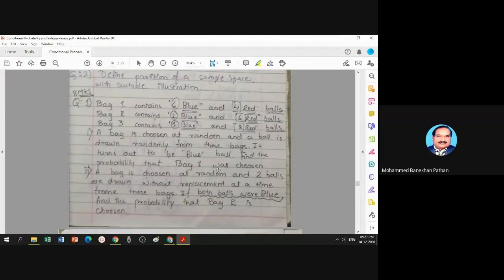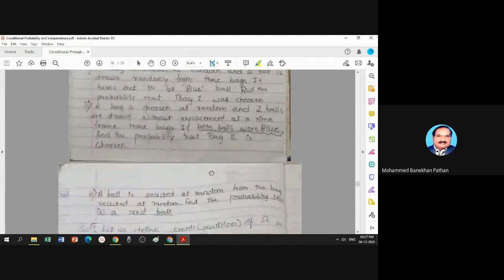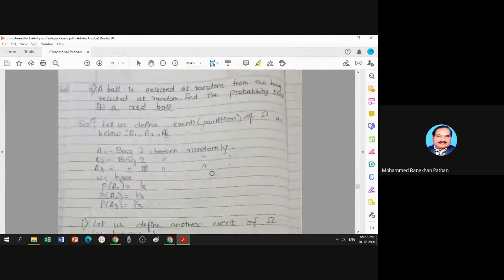Stage 1, you select a bag. Stage 2, from the selected bag, you pick the item, that is a ball. That's why it is a 2-stage experiment, and whenever you perform a 2-stage experiment, that is the application of Bayes theorem. Let us proceed to solve this problem. We'll see the third bit after finishing numbers 1 and 2.